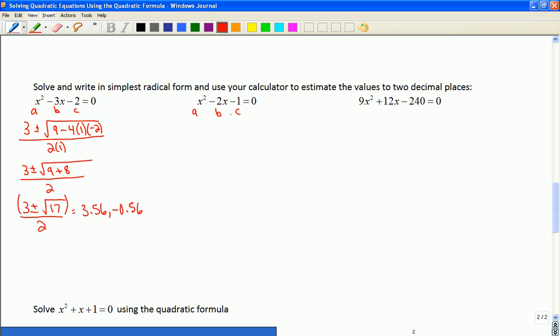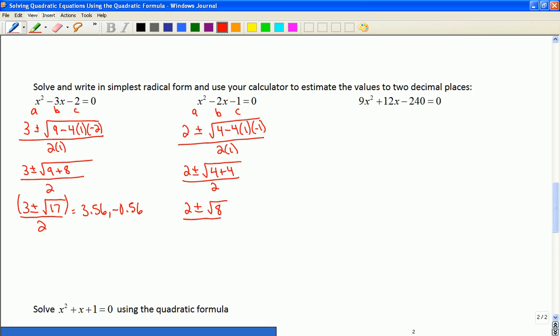We'll try again here with a, b, and c. So negative b would be 2 plus or minus the square root of b squared, which is 4, minus 4ac, all over 2a. So this will be 2 plus or minus the square root of 4 plus 4, all divided by 2.